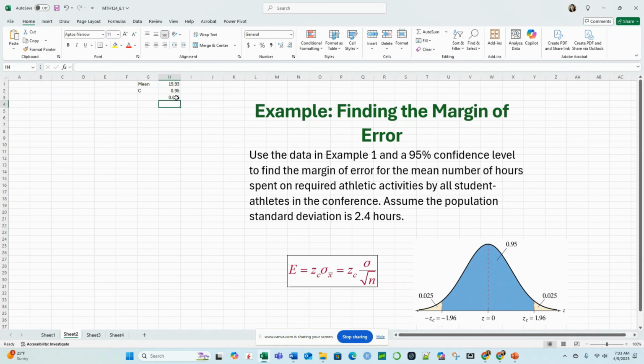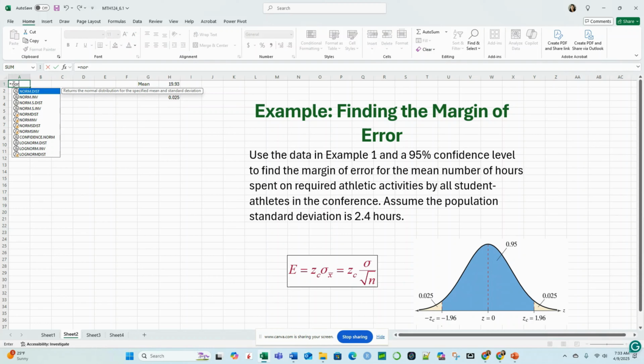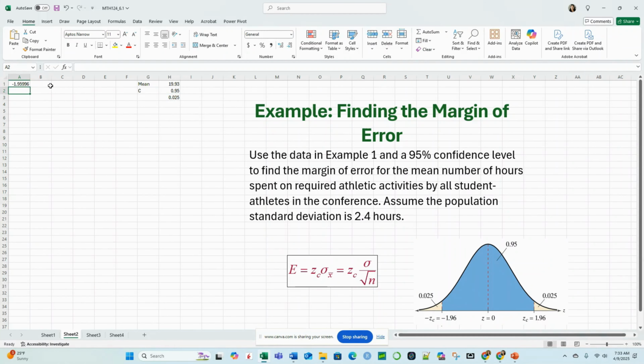Then we only have to find the critical value, that means the inverse. We are finding the standard normal value corresponding to this probability. So we can find it with the standard normal inverse of this value. Then we found negative 1.95.